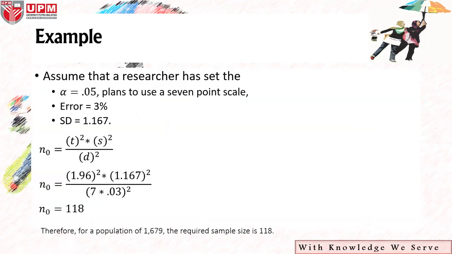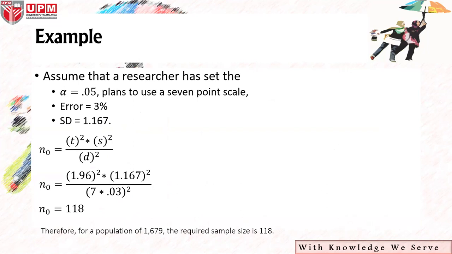So for example, assume that a researcher has set the alpha equals to 0.05 and plans to use a 7-point scale. Dia nak guna skala 7. And then error 3%, standard deviation equals to 1.167. So we just plug in the value into the equation. Kalau kita guna 0.05, we divide by 2 tail, each tail 0.025, equals to 1.96.